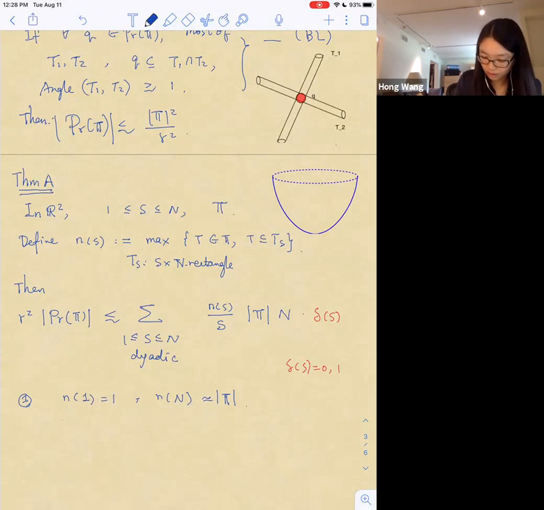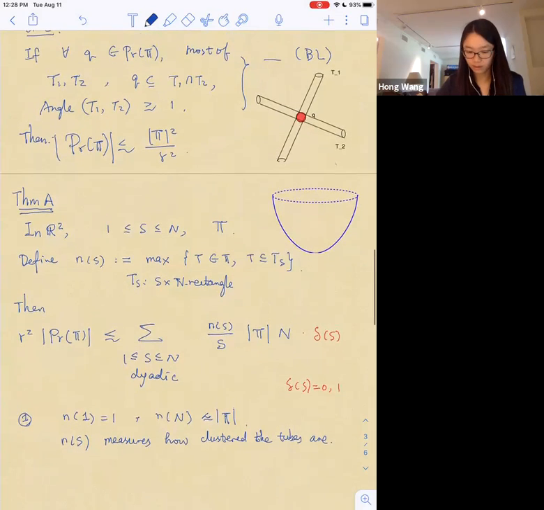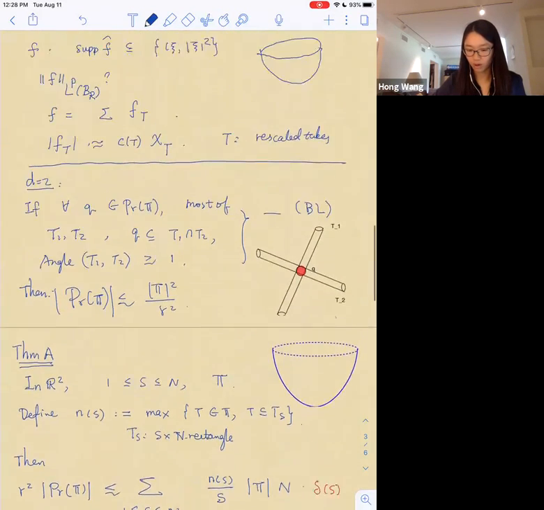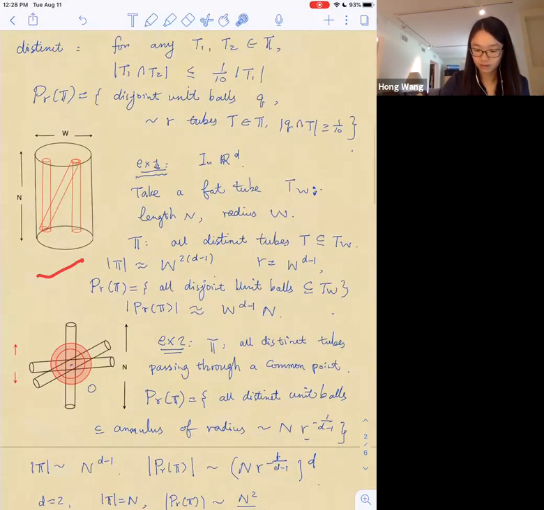This parameter NS measures how clustered the tubes are. In particular, if we look at example 1, when all tubes are contained in a fat tube here, in this example, for NS we can take S to be W here.